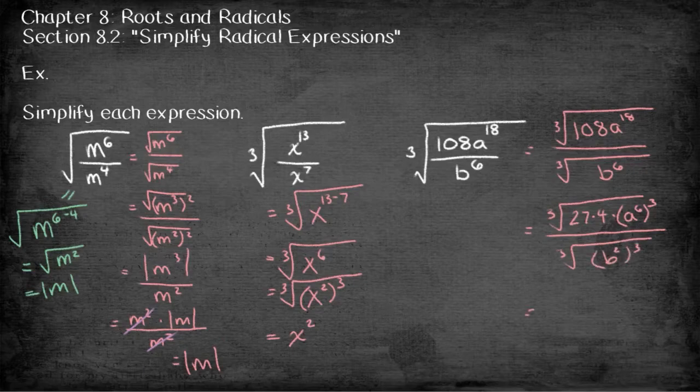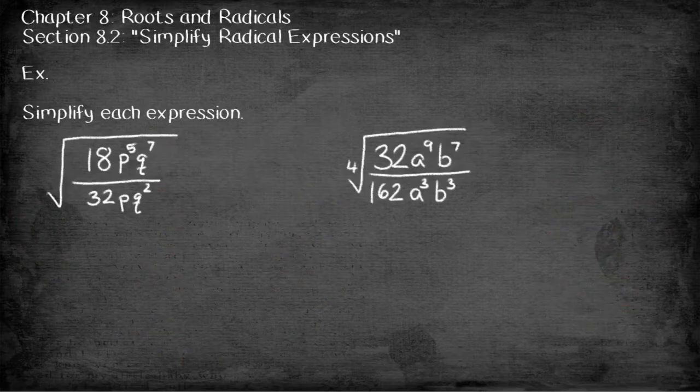The cube root of 27 is 3. 4 is not a perfect cube, so it's going to stay in there. I'm going to have a to the 6th. And then downstairs, I'm going to have b squared. How are we doing? We doing good? I'm doing good. Okay.